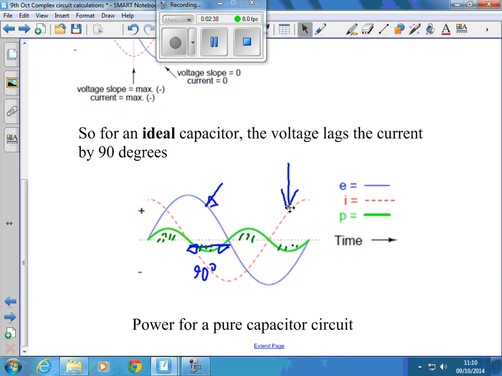So a pure capacitor uses no power. Takes it, gives it back. Charges up, passes it back again. So the power overall for a pure capacitive circuit is 0 over time. It averages nothing over time.